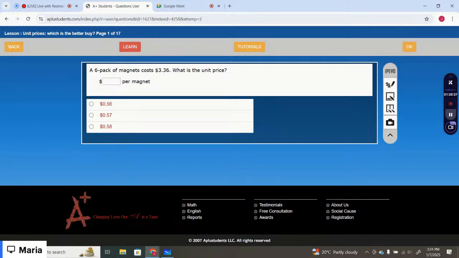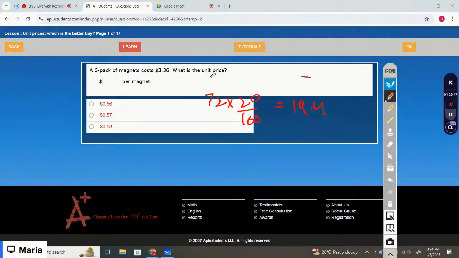A 6 pack of magnets costs $3.36. What is the unit price? So you need to calculate the unit price. You have to divide $3.36 by 6.